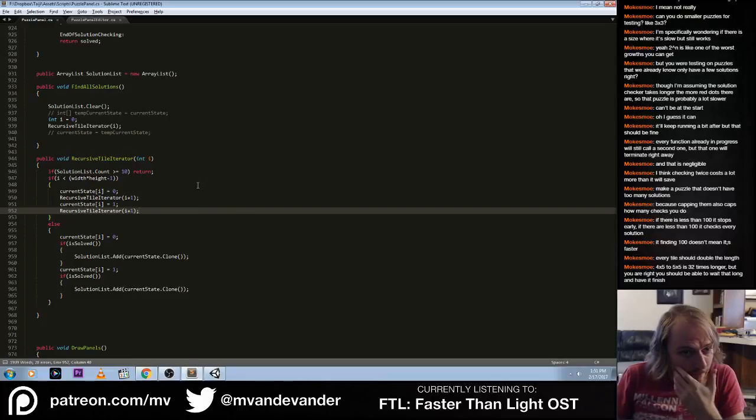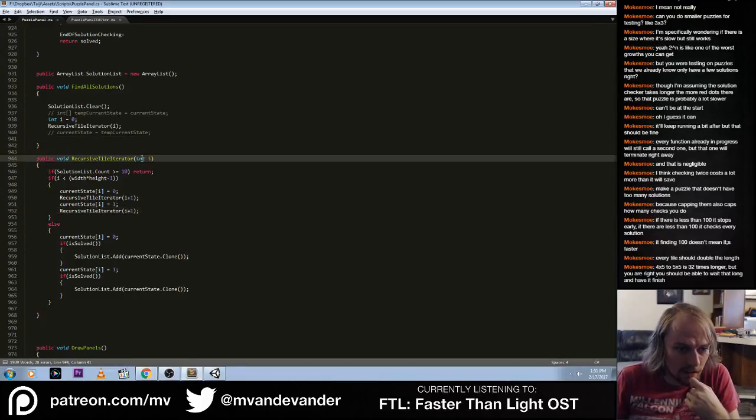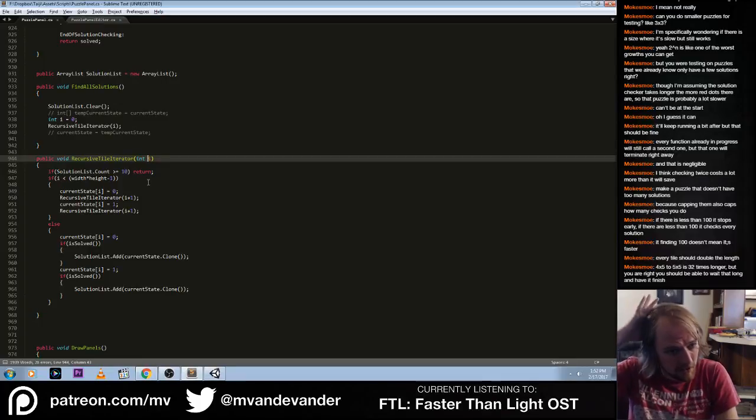That's the only thing I can think of. Let's see, i is the index. I guess I would need a ref to an integer that's like iterations.